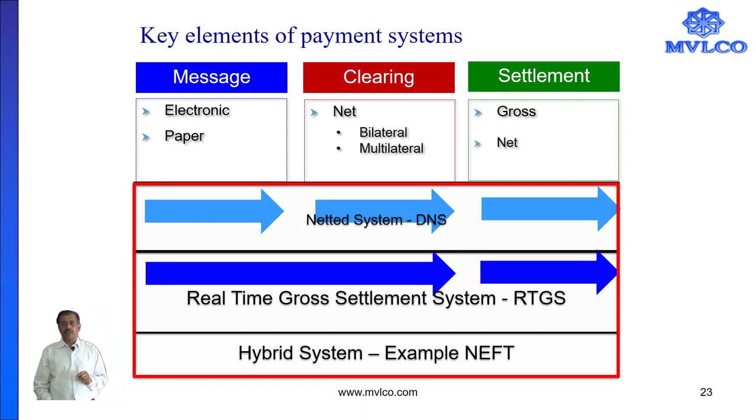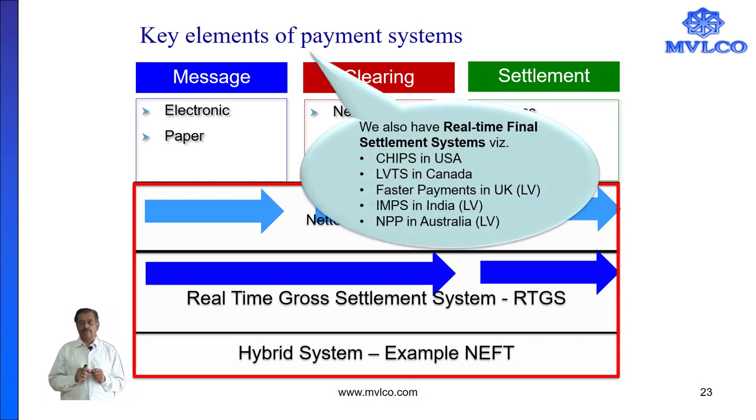Now apart from these, there could be a fourth mechanism which is known as the real-time final settlement system. The CHIPS, the Clearinghouse Interbank Payment System in the United States, is an RTFS. The Large Value Transfer System in Canada is an RTFS. The IMPS in India is an RTFS.